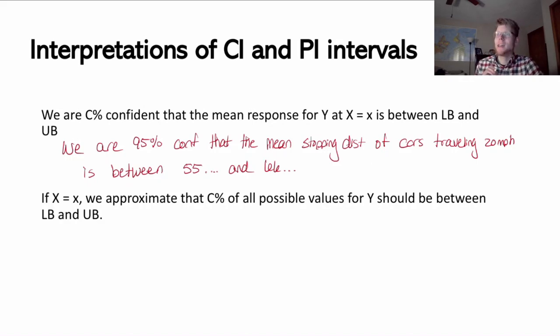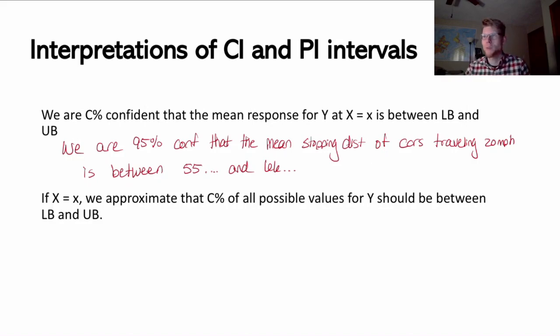If we're making an interpretation from a prediction interval, we just need to be careful. It's a little bit different. We're basically saying if x equals x, we approximate that C% of all possible values for y should be between these two values. So we're making a statement about the distribution of values for y given a particular x value.